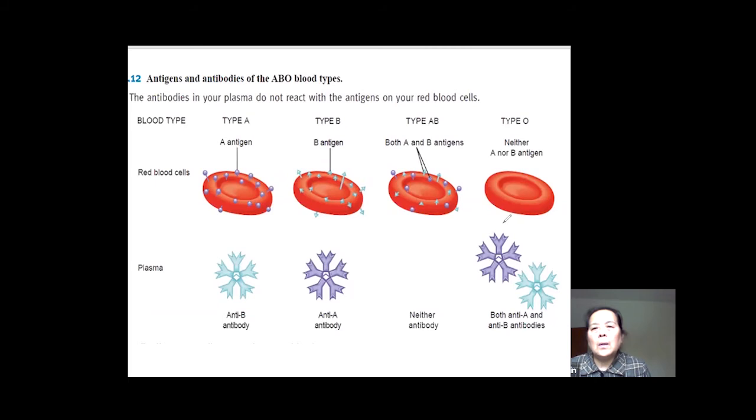If someone's blood type is type O, they can only receive type O blood. They cannot receive type A, type B or type AB blood, because once it comes into their circulation, their blood plasma has both anti-A and anti-B antibody there. They directly kill the cells and make them break.